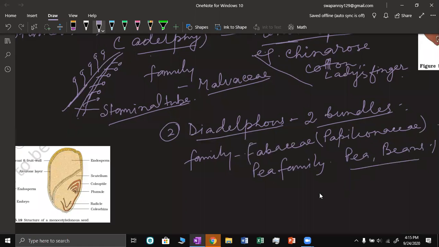In these, actually, there are altogether 10 stamens. Okay, and out of the 10 stamens, 9 stamens are united into one group and one is separate, one group. So this is called diadelphous condition, that is they are grouped into two.